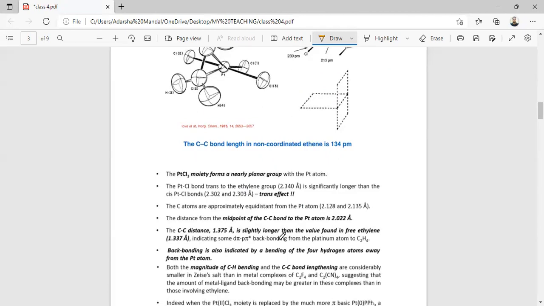is significantly longer than the platinum cis-platinum Cl bonds. The C atoms are approximately equidistant from the platinum atom.